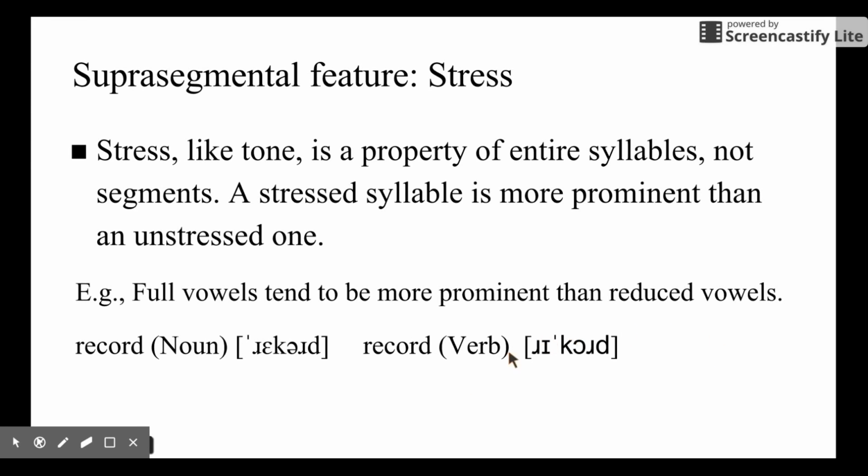We can go back to the example that we mentioned at the beginning of this lecture, record and record. This dot signifies stress. So this would be the prominent syllable, and this would be the reduced syllable. A reduced syllable normally will have a schwa. This sound is called schwa. So we have record.